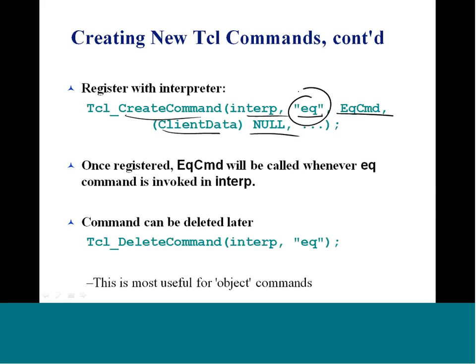So we are kind of binding eq to EqCmd, so that if you just type eq, the interpreter knows that it needs to call the command. And we can also delete the command through another function, which is Tcl_DeleteCommand. So Tcl_CreateCommand creates the shortcut, and then Tcl_DeleteCommand will delete that.